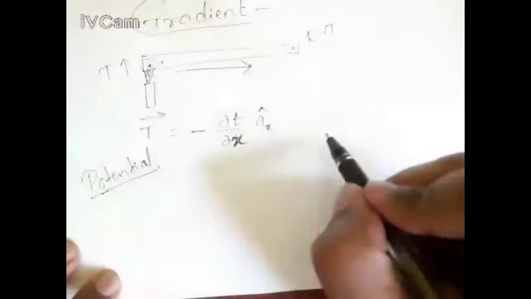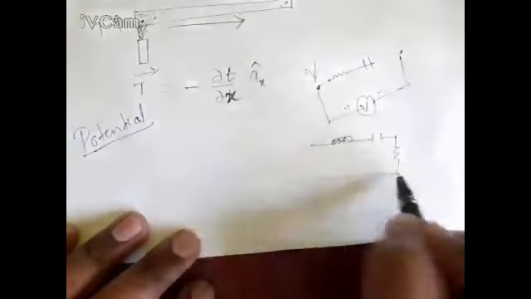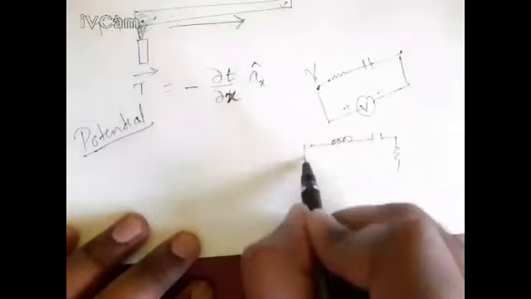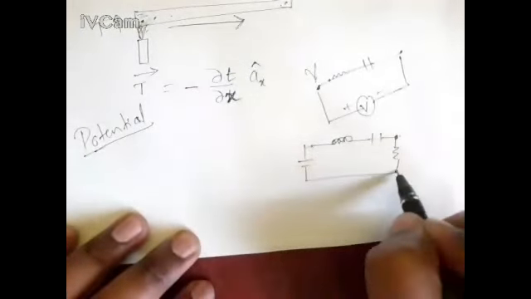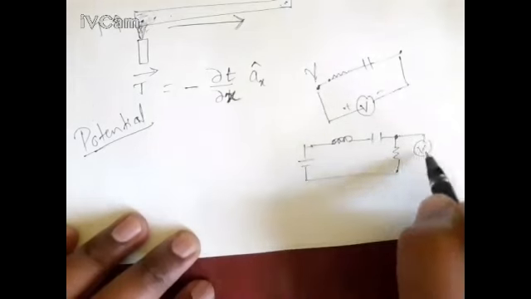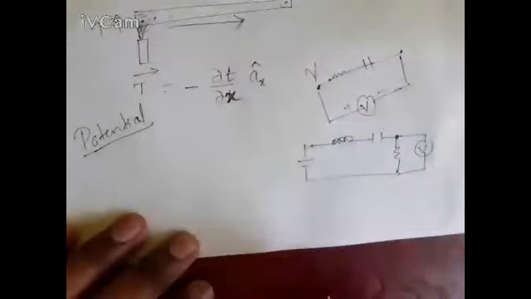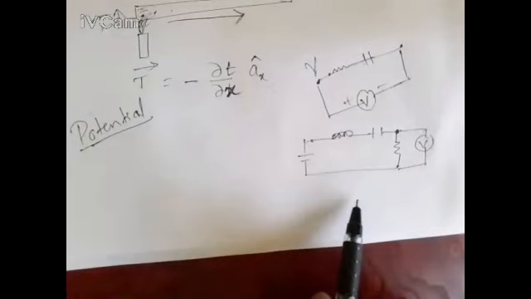Where you attach the battery, from this point and this point you measure the voltage across the capacitor. There is a voltage difference between two points. That is written in this form.